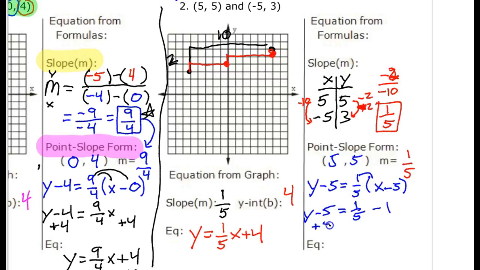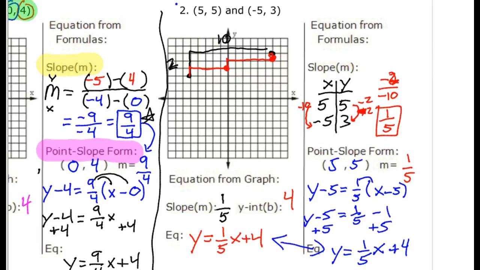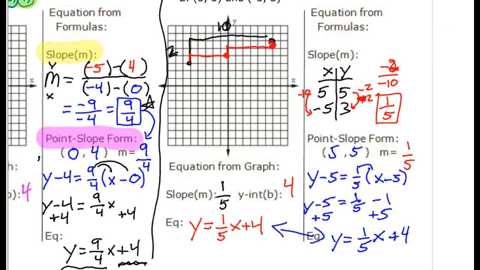And then when you add 5 to both sides, you'll get y equals 1/5 x, 5 minus 1 is positive 4. So of course these should match. There we have it. There's a couple.